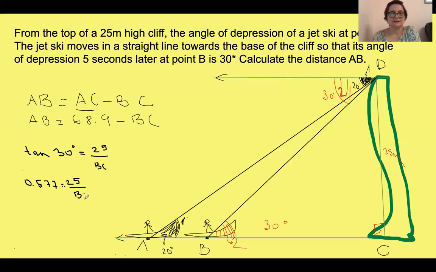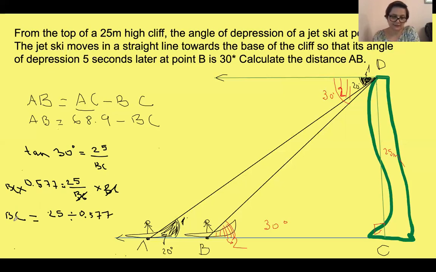Then we multiply both sides by BC to get rid of the denominator. So BC itself is going to be 25 divided by 0.577.